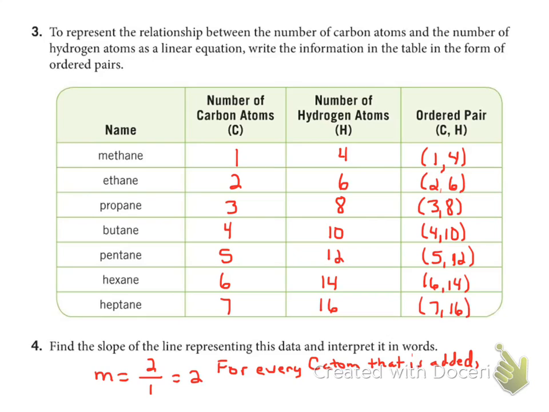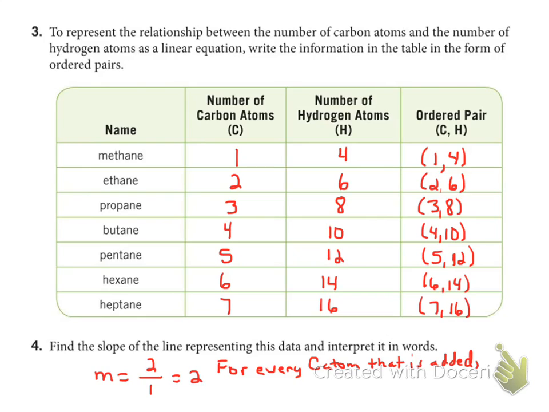They're getting bigger by 1. Yes, that's what the first part means. For every carbon atom that is added, then what happens with the hydrogen? The hydrogen goes bigger by?